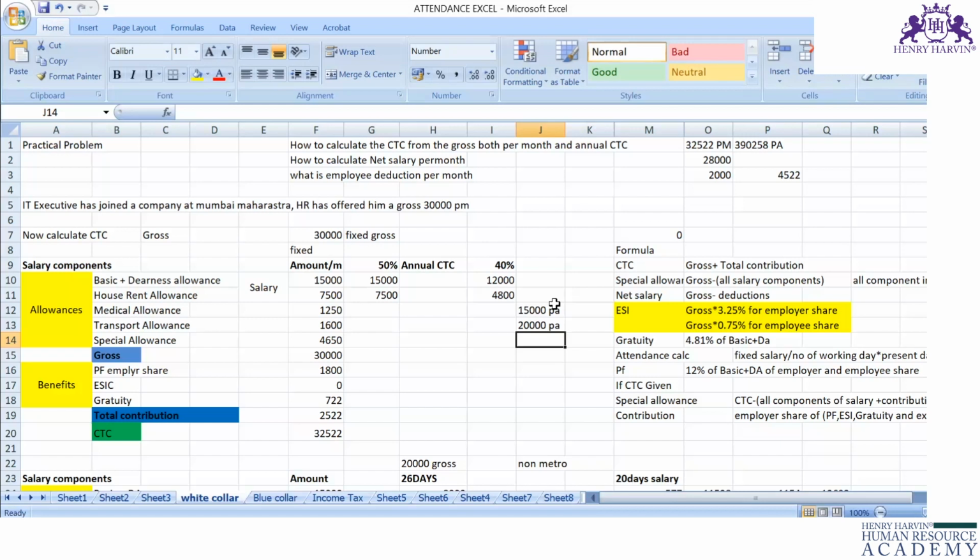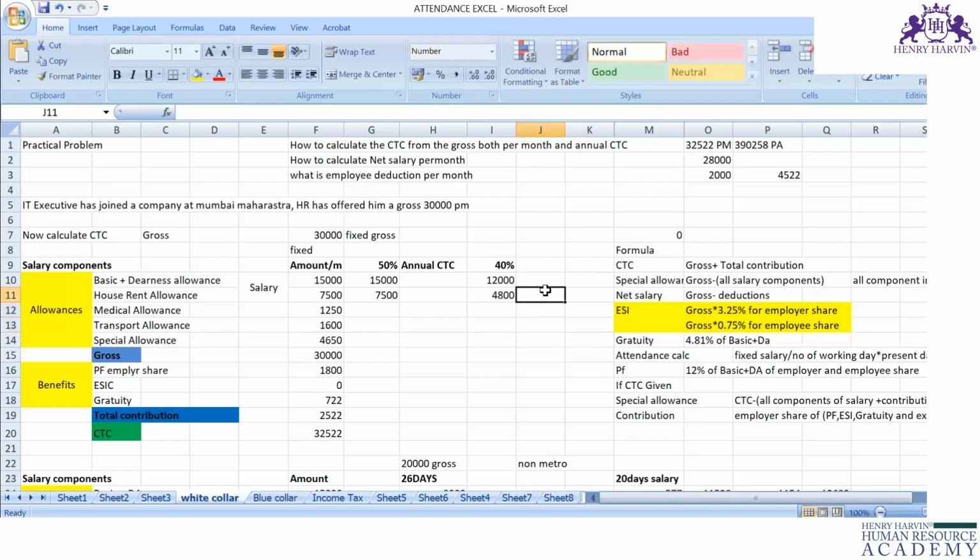So for 5,000 he has to pay tax. Okay, so this is the concept. The concept of medical allowances is that 15,000 rupees is the tax exemption for medical allowances. 15,000 divided by 12 is 1,250.